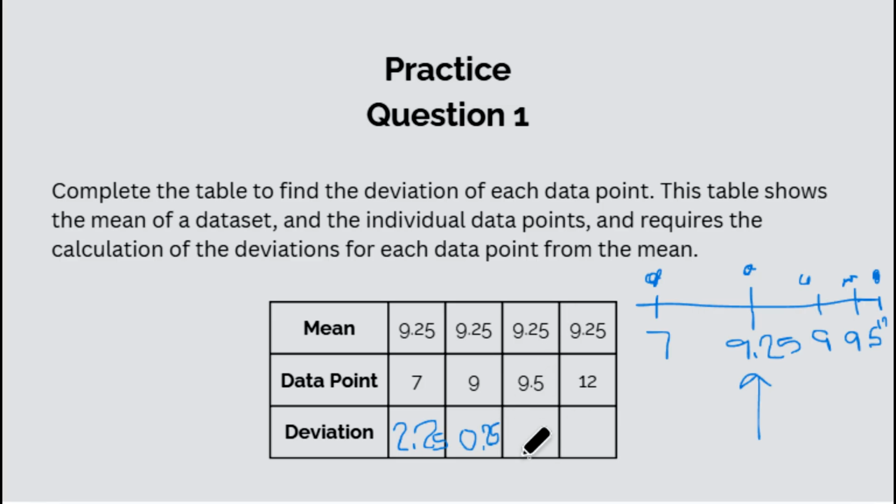Difference between 9.5 and 9.25 is 0.25, and the difference between 9.25 and 12 is, if we put 0.75, that's going to take us to 10, and then 2 wholes will take us up to 12. That's what it should look like. I hope you were listening because these numbers can't be read.